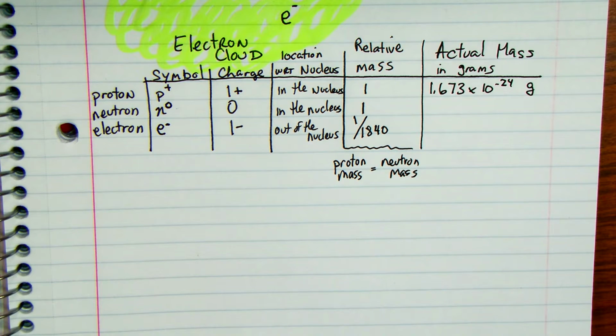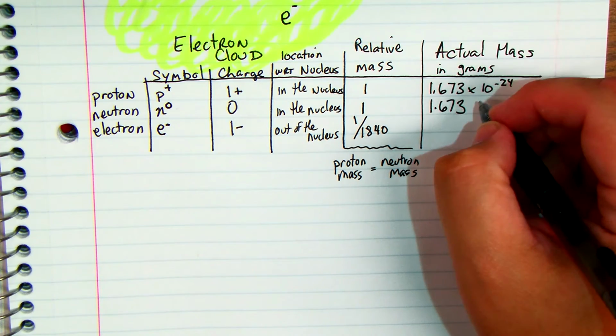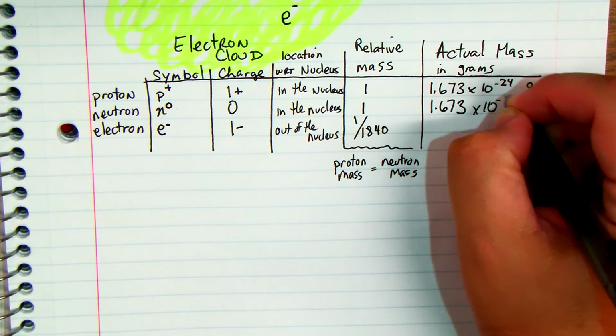Actually, it's going to end up being 0.000 and so on, with a lot of zeros. Super duper tiny. And since the neutron has the same mass, 1.673 times 10 to the negative 24 grams, that is super, super tiny.